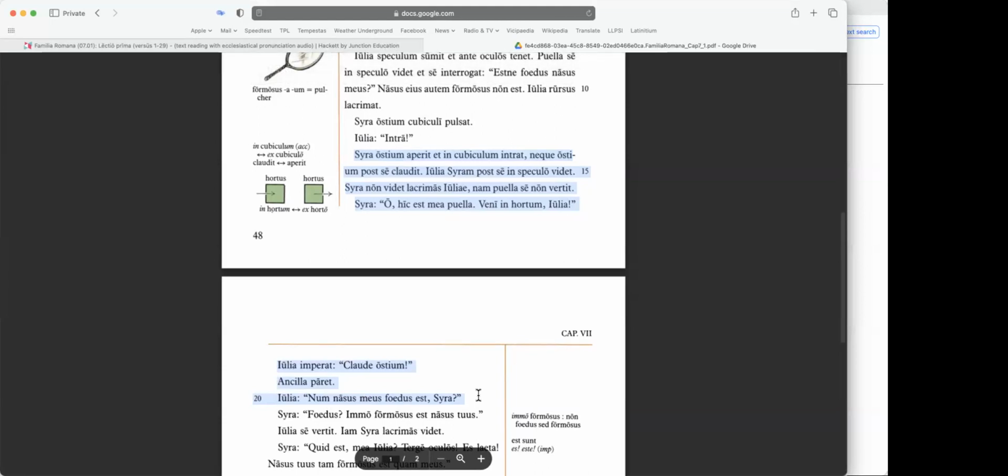So Sira opens the door and goes into the room, but she does not close the door behind herself. Julia sees Sira behind herself in the mirror. Sira does not see Julia's tears because the girl does not turn to her or turn herself.